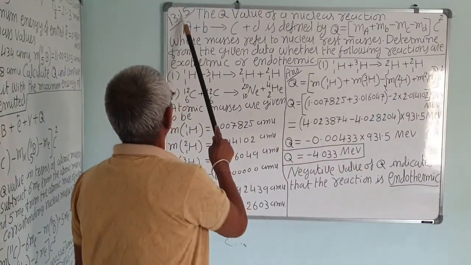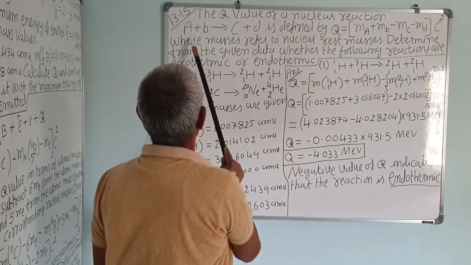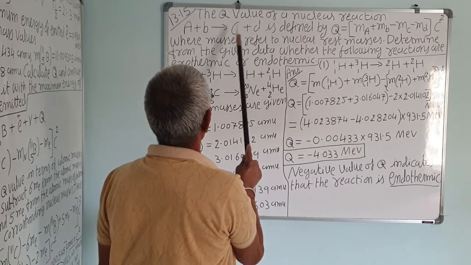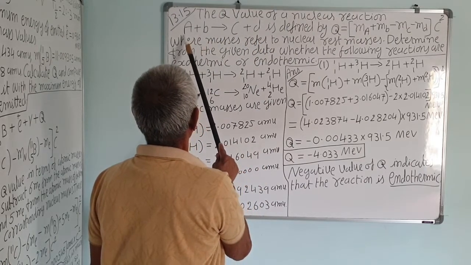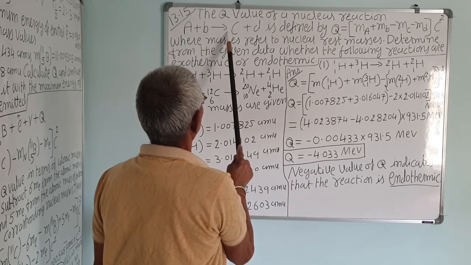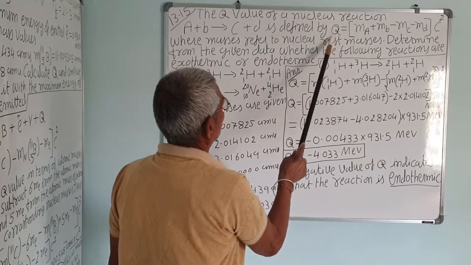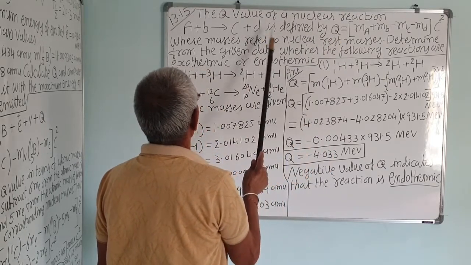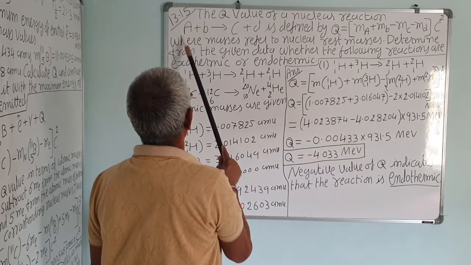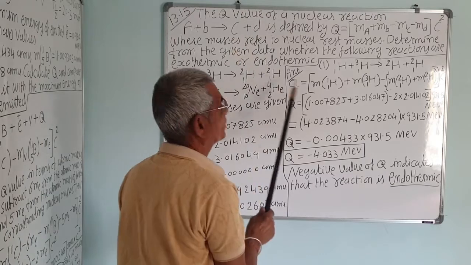Now numerical 13.15. The Q value of a nuclear reaction A plus B gives C plus D. These are the reactants, or we can say the parent elements, and C and D are the products, the daughter elements. Q is defined as the energy produced in the reaction, which is the mass of the reactants minus the mass of the products, multiplied by c square.